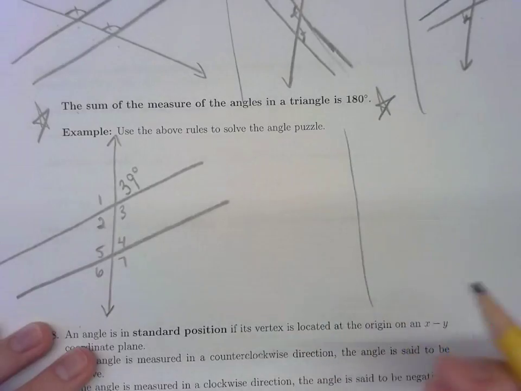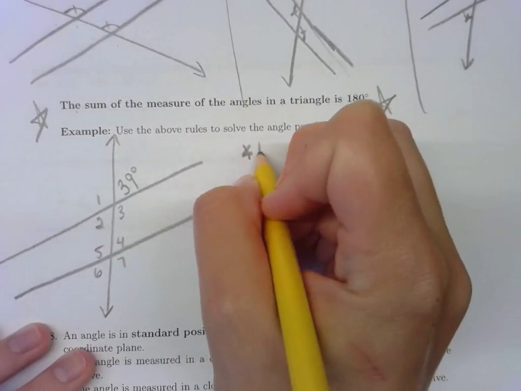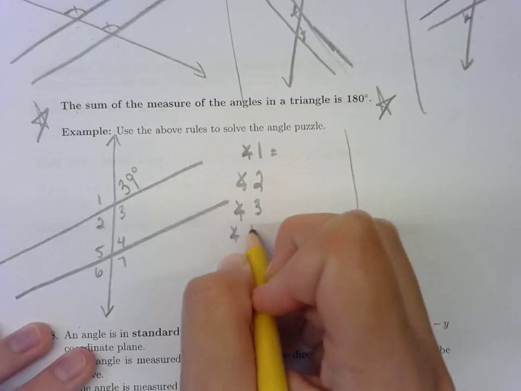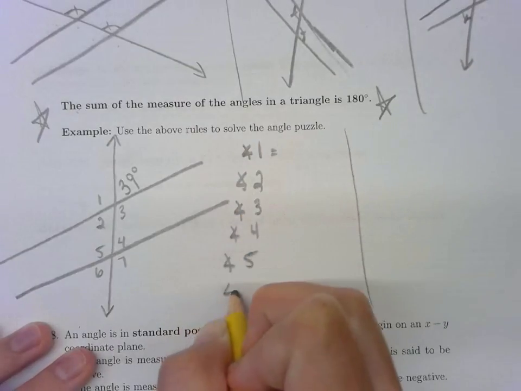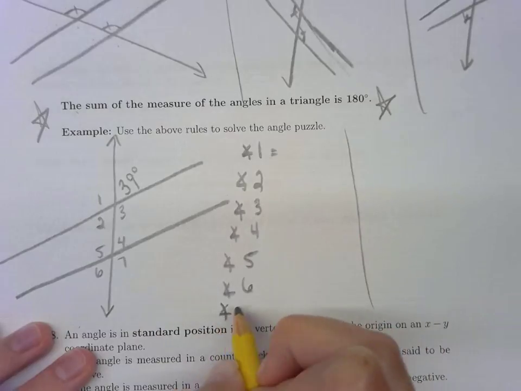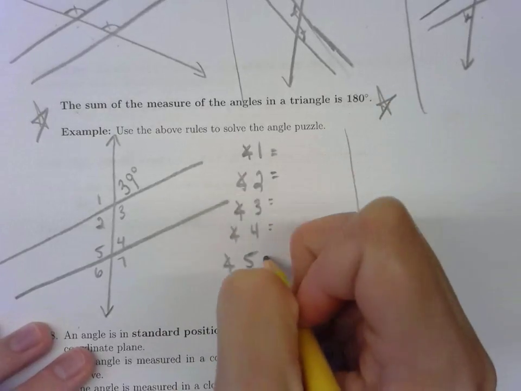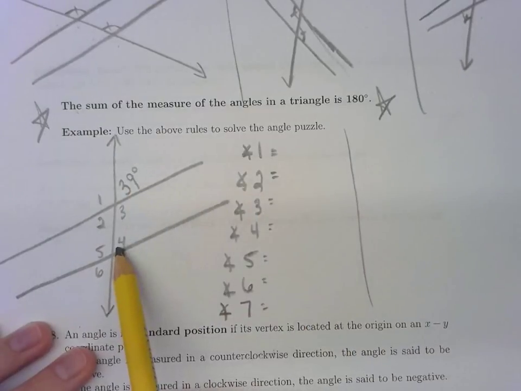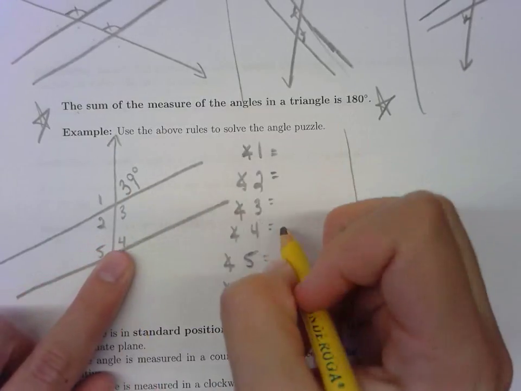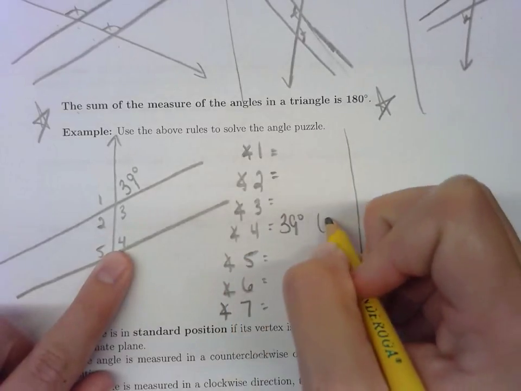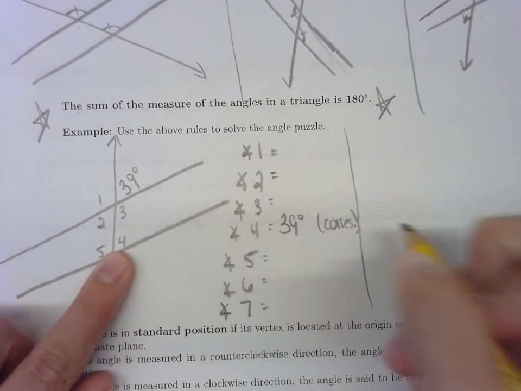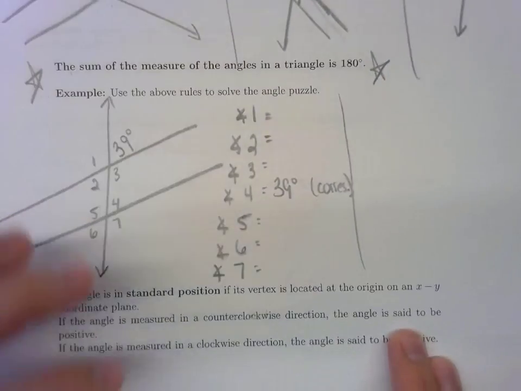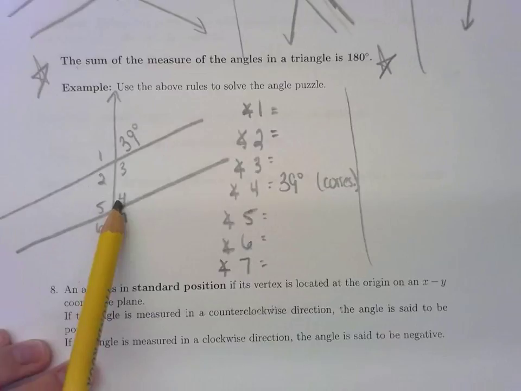So angle 1, we're going to have degrees for all of these. We had 7. So corresponding angles, we have 4 here. So angle 4 would be 39 degrees because of corresponding angles. The only reason I chose that is because I'm going in order, looking at all the corresponding angles. So we know this is 39.